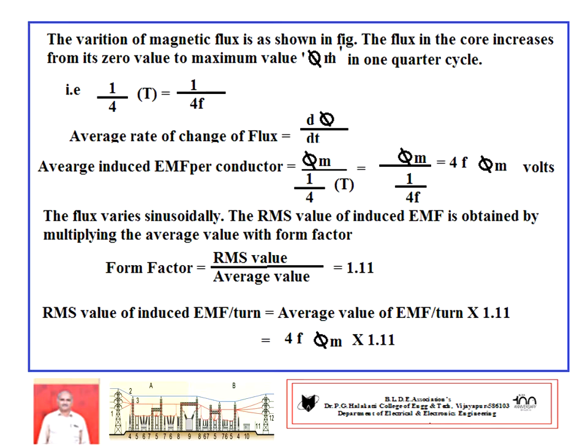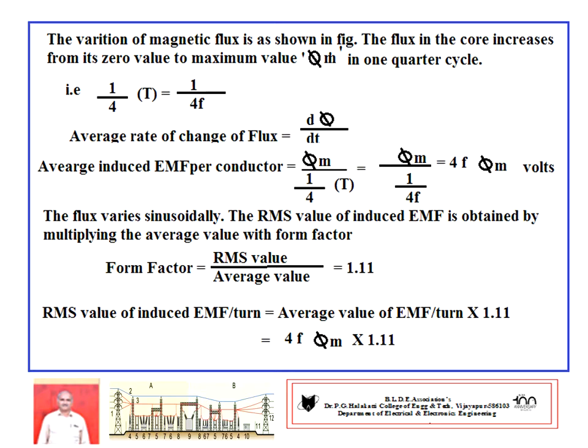T is the total time period for 1 cycle. Therefore, flux reaches its maximum value in 1/4 T, where T is once again the time period. We also know that time period is inversely proportional to frequency, so it becomes 1 divided by 4f.